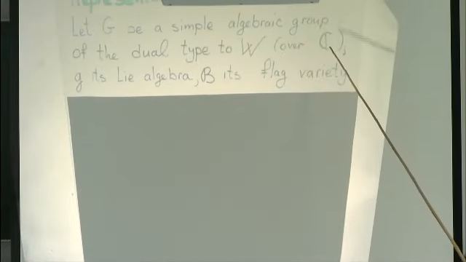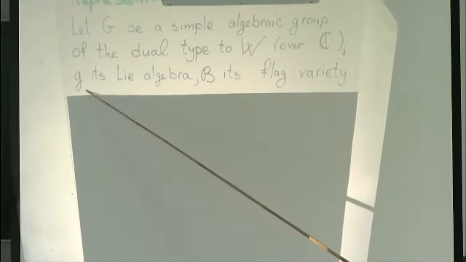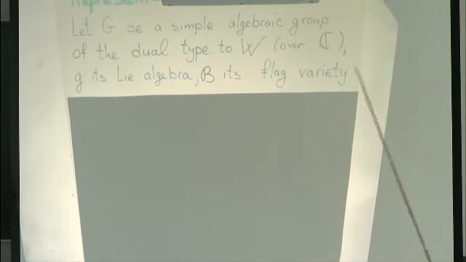So it's the Langlands dual, and you take it over complex numbers. You consider its Lie algebra, and you consider the flag variety of G, which we call B.